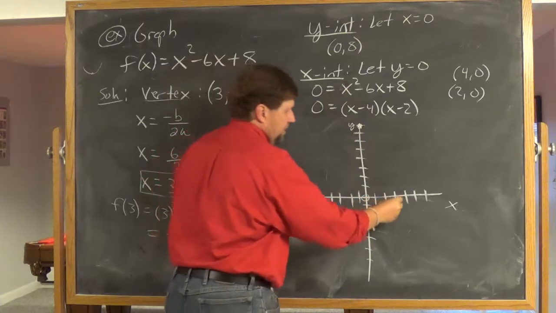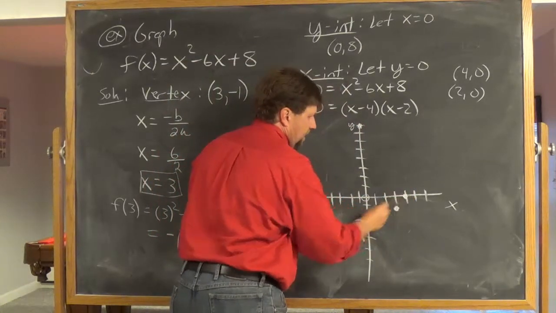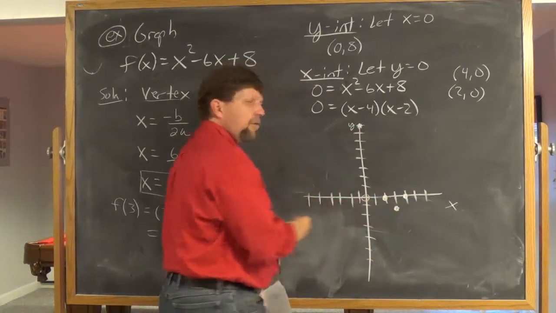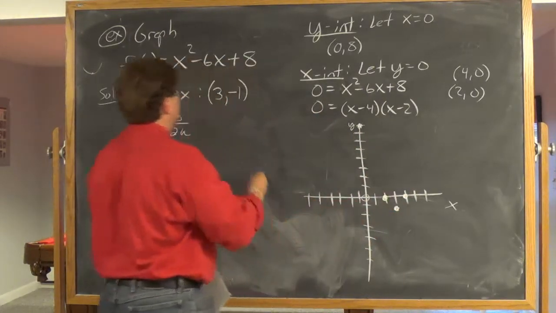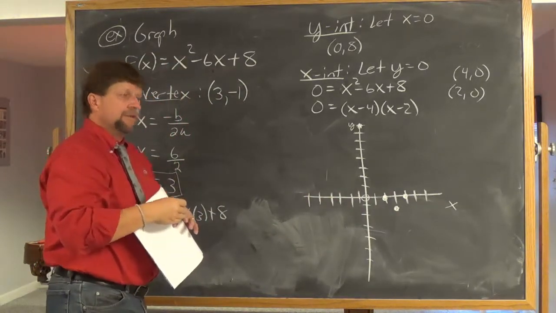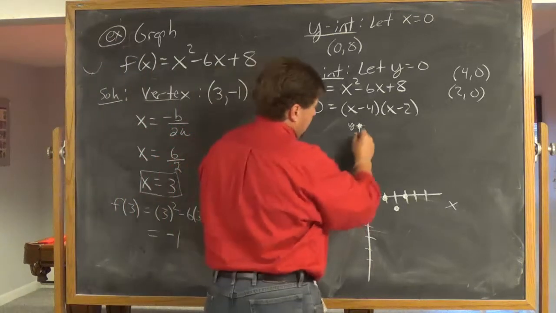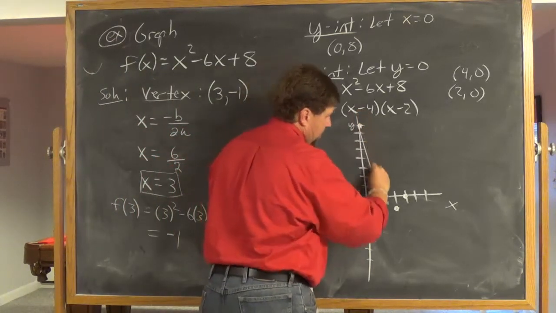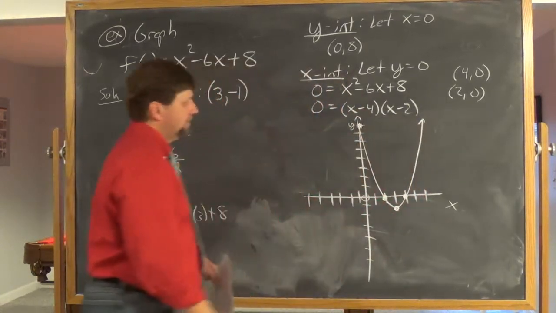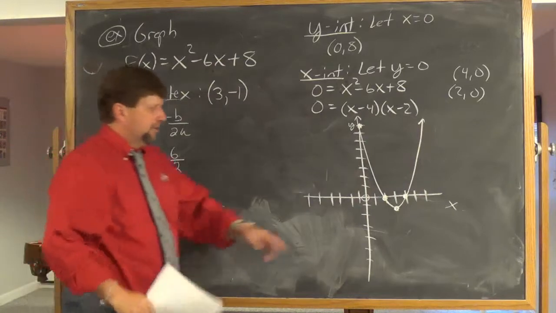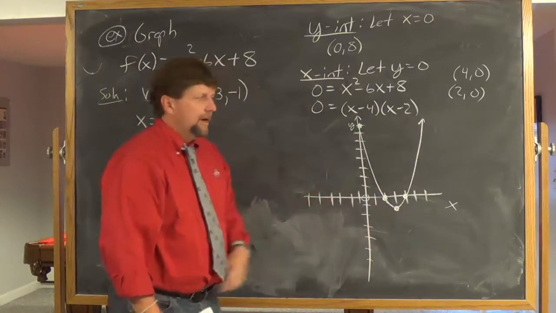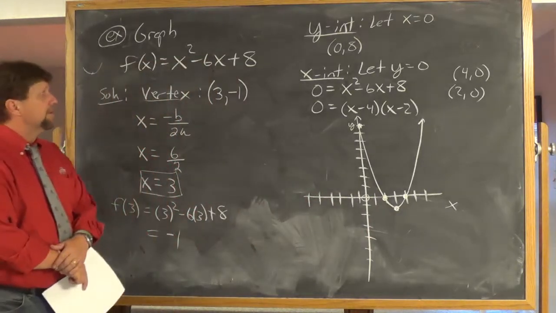X-intercepts at 4, 0 and 2, 0. There's 1, 2, 3, 4 points that must be on the graph. And remember, we identified early on that a was 1, a positive number, so it's a happy parabola. So I should get a graph that looks something like that. And then of course you could always label the vertex, write the coordinates 3, negative 1. But that's all I'm going to do for this one.